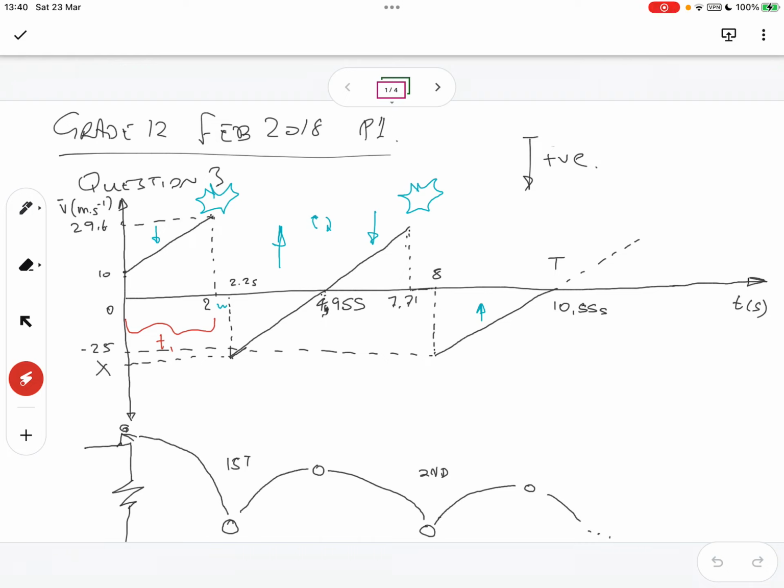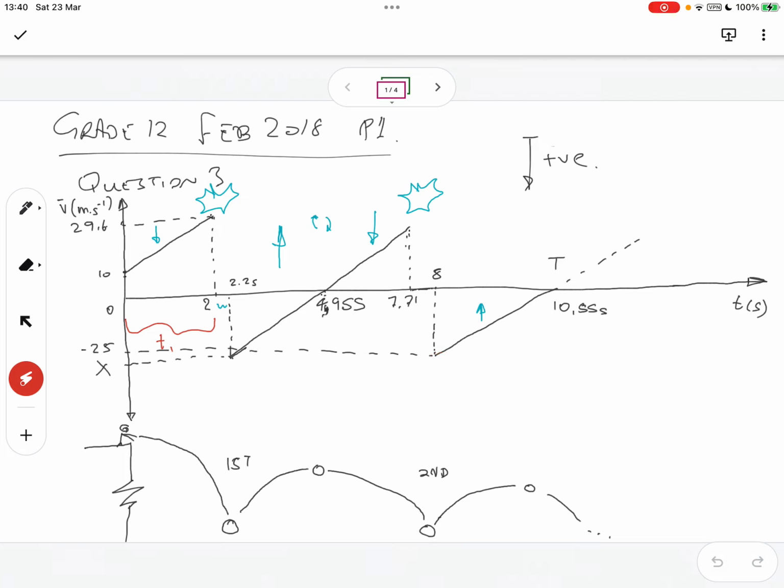But since this is a bouncing effect, the velocity at which it springs up shouldn't be as much as the velocity at which it hit the floor. Should be a little bit less. But most definitely it should be above 25, because that's at the second bounce.